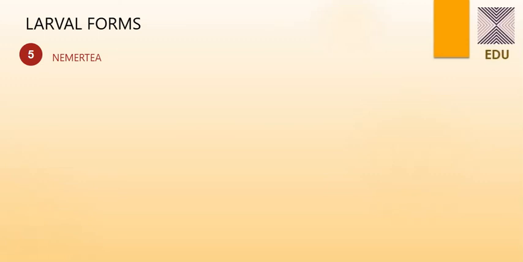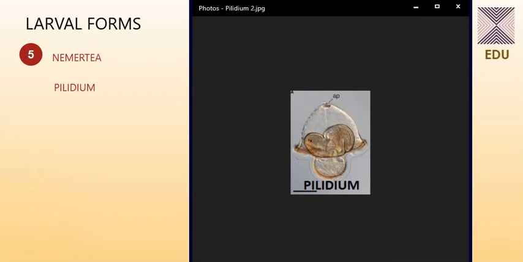Now students, this is the first form of the Nemertea, which is called a Pilidium larva. This Pilidium has a developing juvenile inside it, as you can see in the diagram. It has a developing juvenile which has a gut that lies across the larval body. So in the very center you can see the developing juvenile with a particular gut.